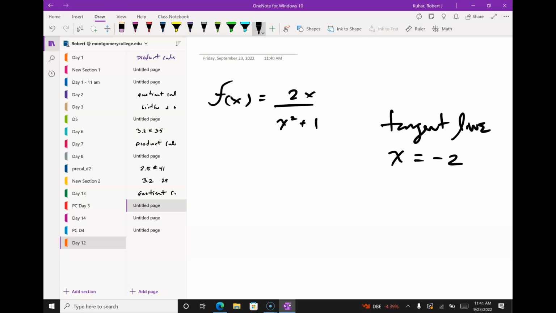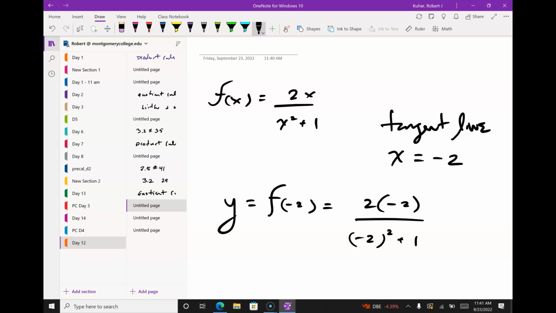So what do I need for a tangent line? A y value. How do I get a y value? Plug it into the original function, right? So I want f of negative 2. I get 2 times negative 2 over negative 2 all squared plus 1. So it looks like negative 4/5?